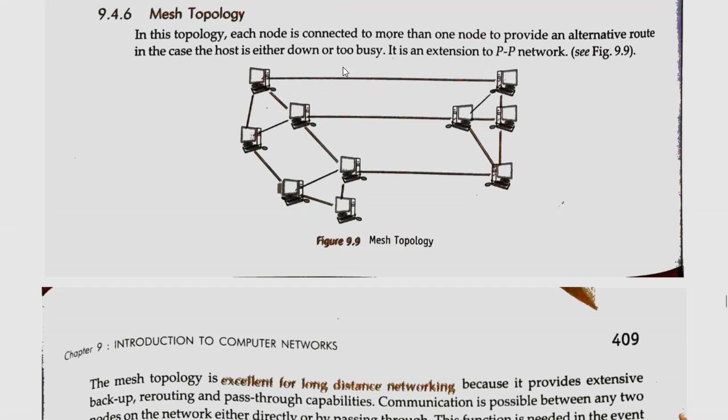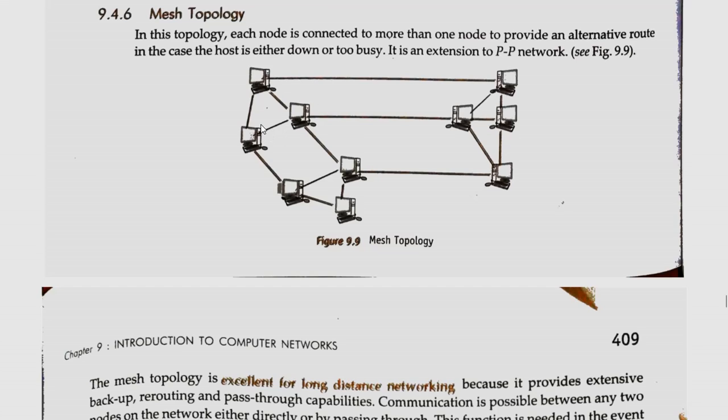The information travels from here to here to here. Now suppose this system is not getting the information. There is a possibility that the system before it is having a problem. Because there is an alternate path, if the information comes from here to here, that means the problem is in this system. So it can easily be rectified.